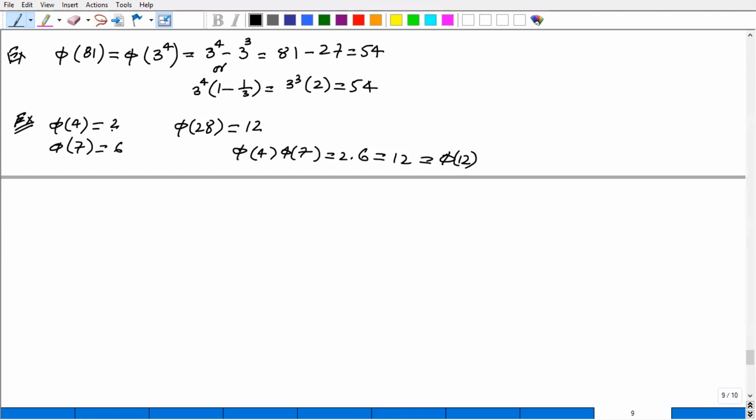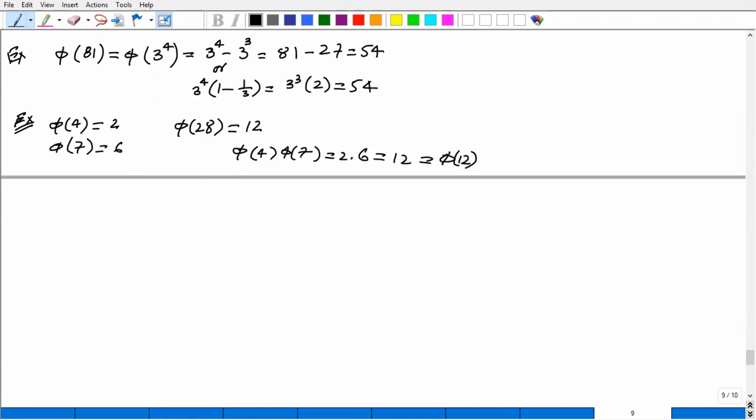Through this example, you can only verify that phi is a multiplicative function, but that's not the general rule of proving the result that phi is multiplicative.